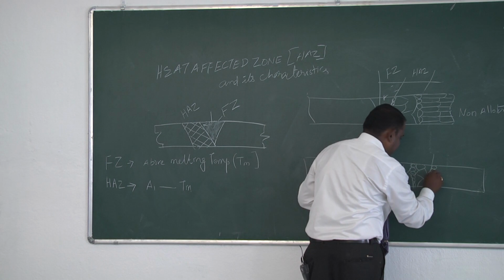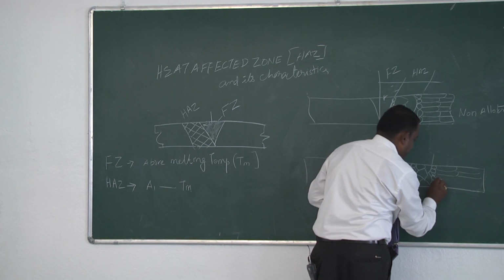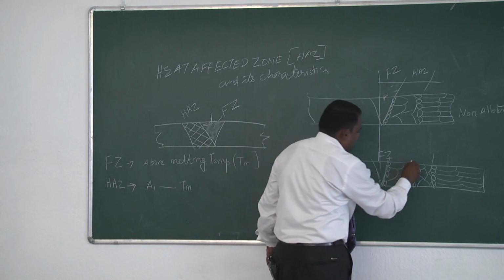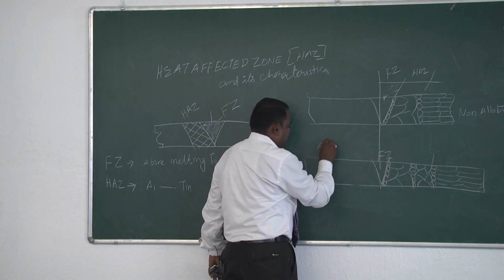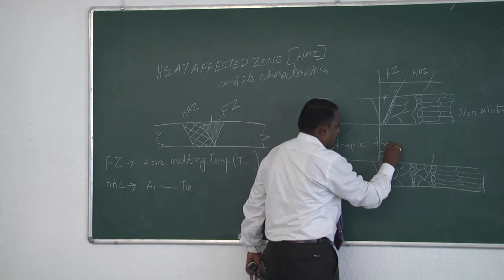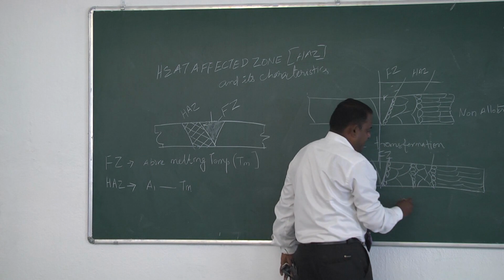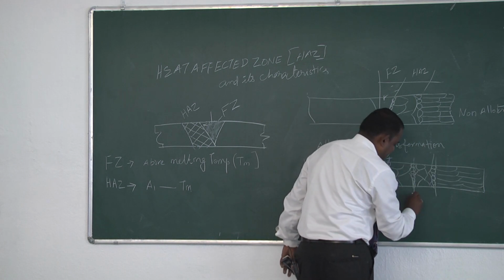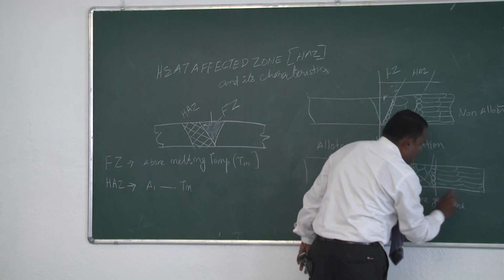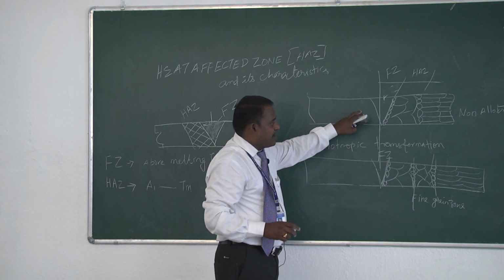And then another fine grain structure, and then the pancake structure of the rolled band. So now you can observe the metal with allotropic transformation characteristics will behave with 2 fine grain zones, which is different from the material which does not respond to any such allotropic transformation.